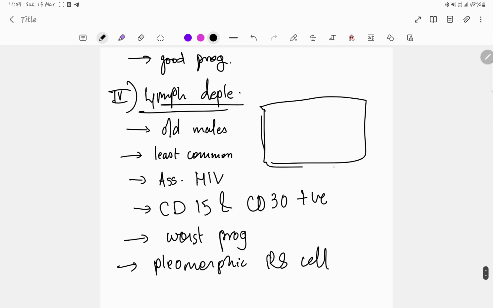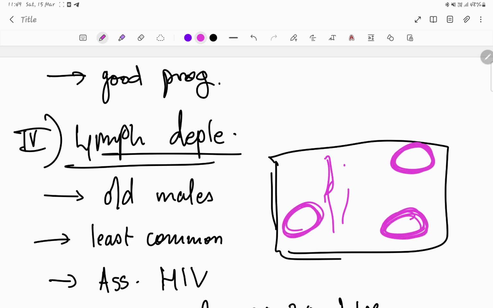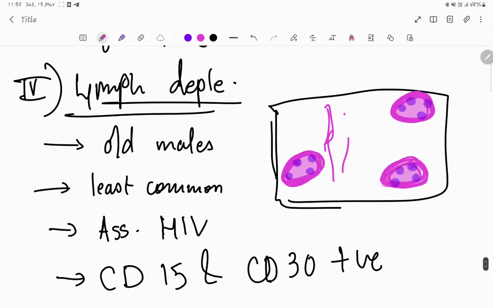How does it look? Now the histology. We see a lot of fibrin bands. Firstly, there will be a large number of these big RS cells, the atypical ones, with atypical nuclei.